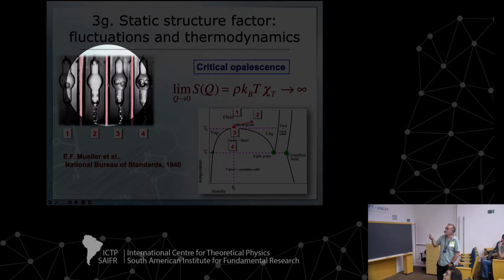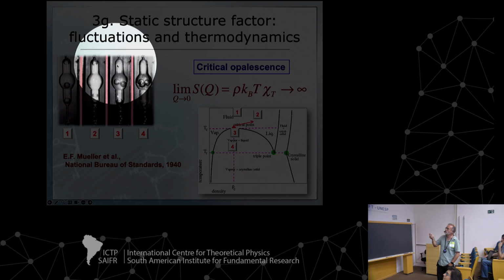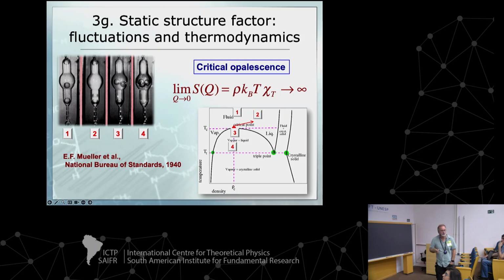And now when you go to the critical point, the whole thing becomes turbid. Why does it become turbid? Because you have density fluctuations that are similar in range to the visible wavelength, which is large.